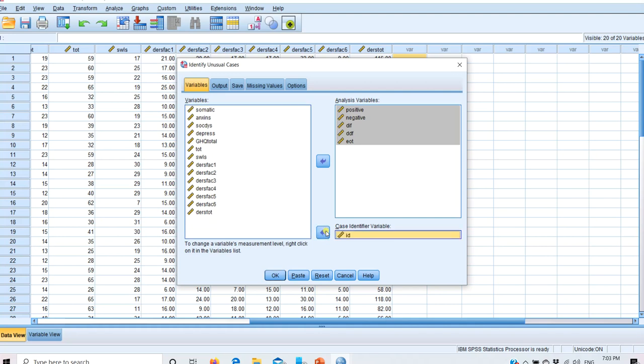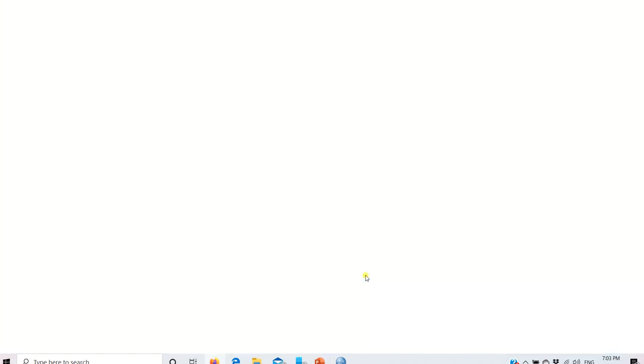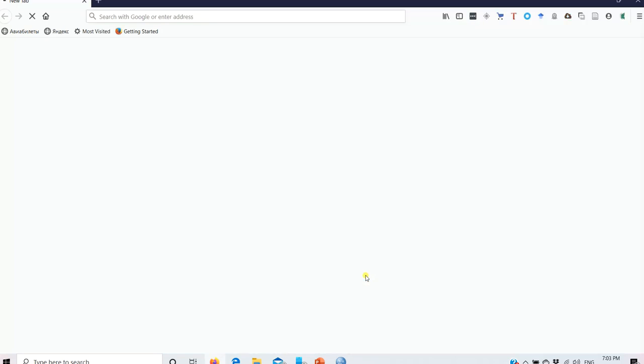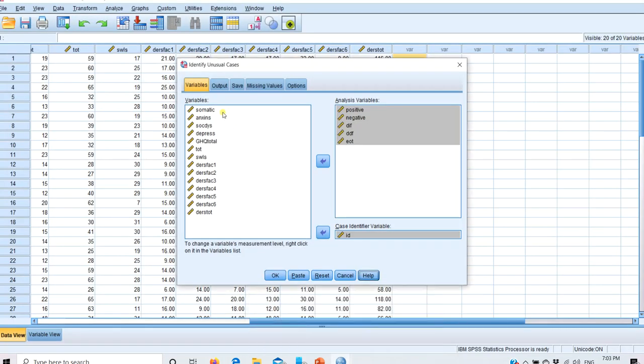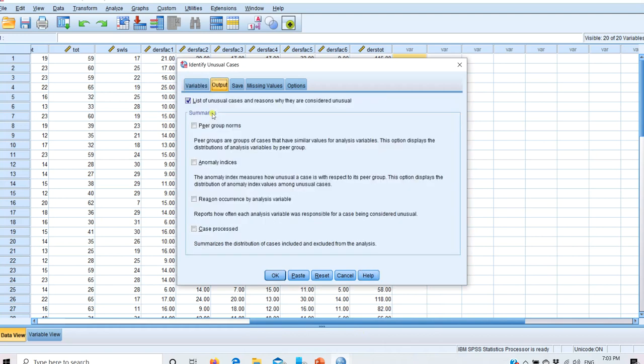And to know about this, you can always press help. It will give you or lead you to the help menu. Let it load, then I am doing. In the output, we are having these options: peer group norms, anomaly indices. If any case is anomalous, then what is the anomaly index?